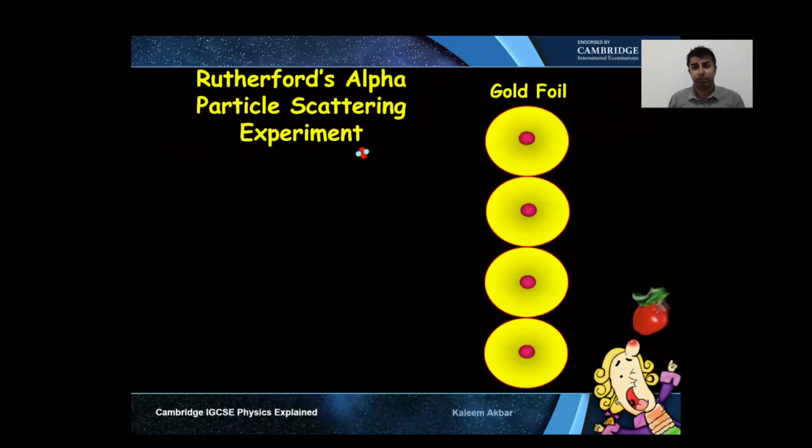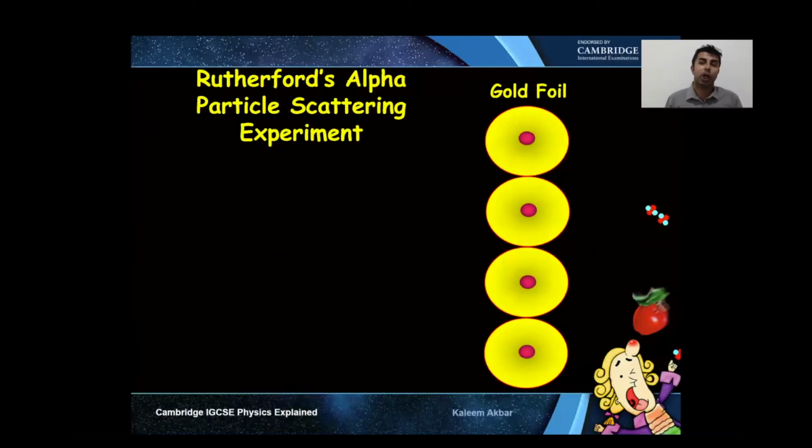A few of them bounce off to the side. They deflect. Notice that they don't hit the nucleus themselves. That's because we're going to discover the nucleus is positive, as is the alpha particle. And positive will repel. But why did they deflect or bounce off to the side?